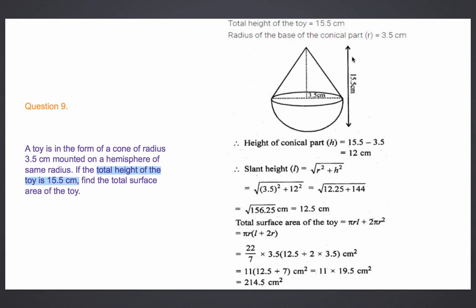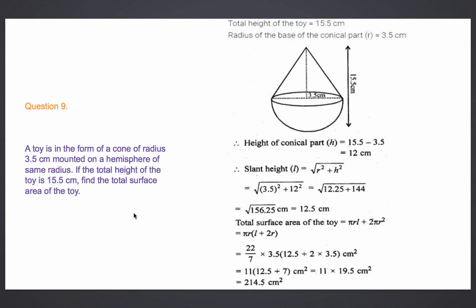This total height means the cone height and the hemisphere, this complete part, if I include that, the total value is 15.5 centimeter. This is what is given. The question says find the total surface area of the toy.